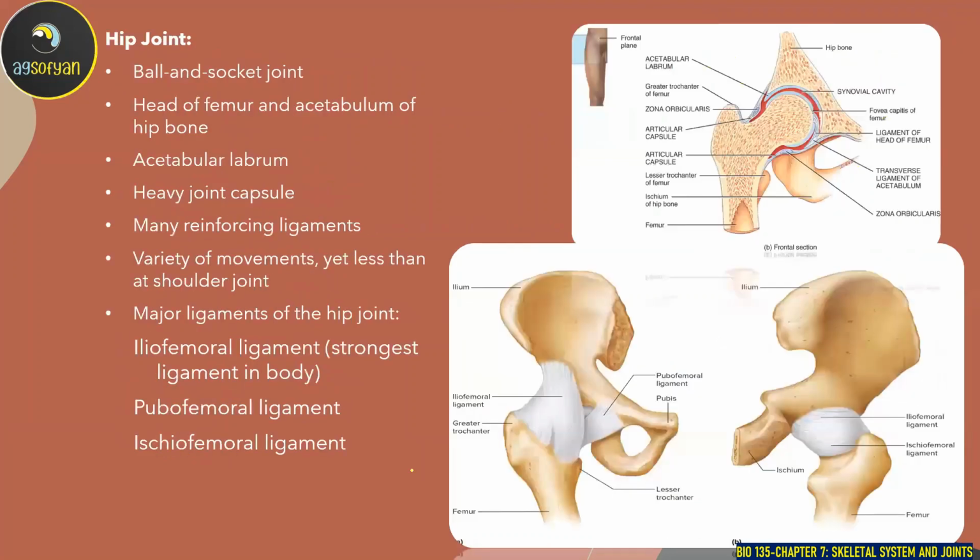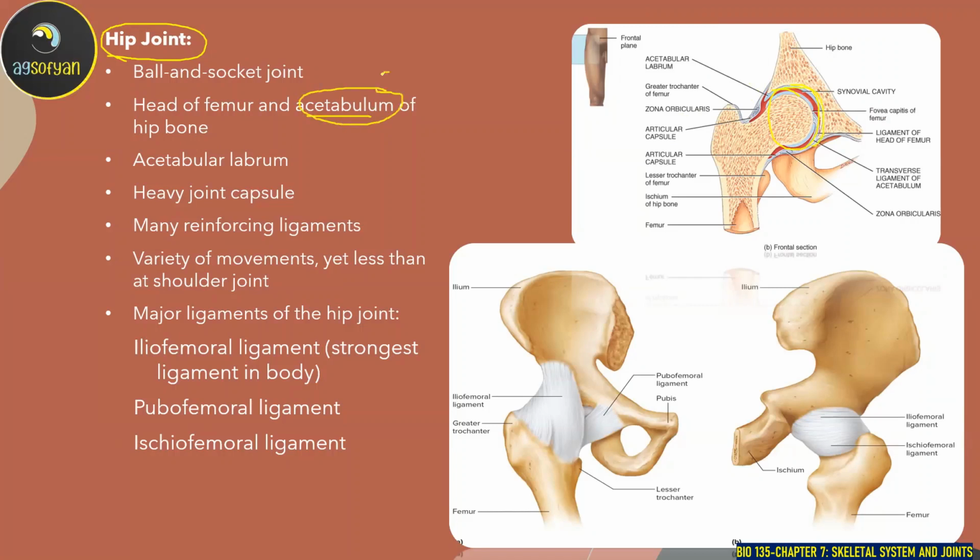The next one is the hip joint. And the hip joint is the same as the shoulder joint. It has a ball structure, which is the head of the femur, and the socket structure, which is part of the hip bone, called the acetabulum.